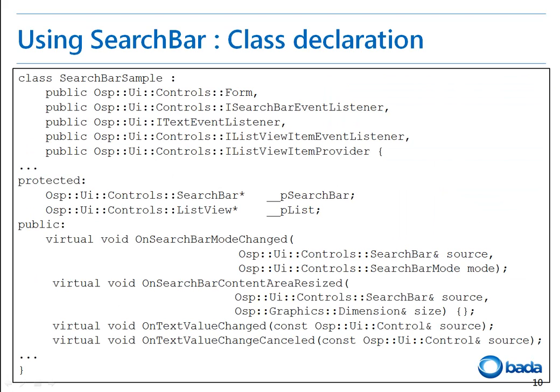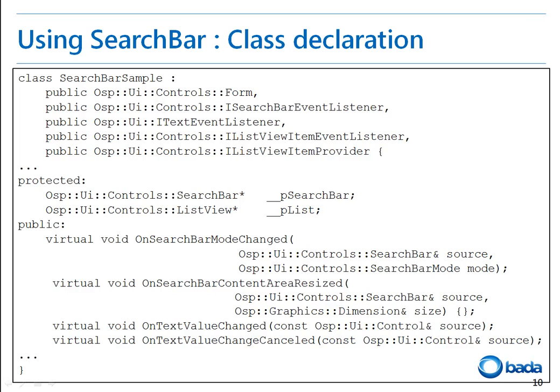In order to use a search bar in a form, we need to derive the class from the iSearchBarEventListener, which notifies search bar events through the onSearchBarModeChanged event handler. The iTextEventHandler listens to and handles events that are generated when the text in the keypad changes through the onTextValueChanged and onTextValueChangeCanceled interfaces.